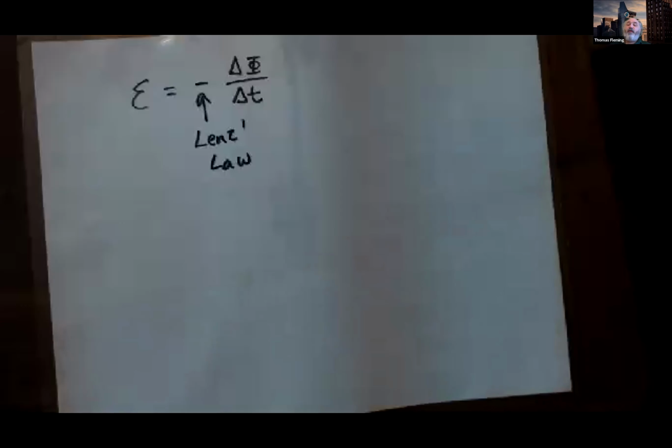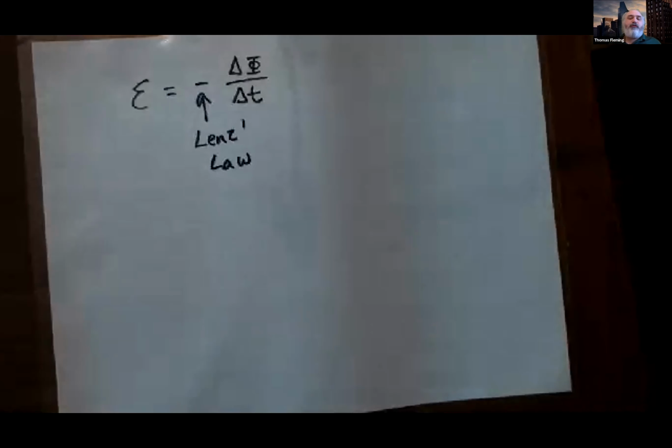It wants the magnetic flux to stay the same. Now, if you've got that coil and you try to make the magnetic flux in it smaller, the induced EMF is going to be the other direction. It's going to try to boost the flux up to keep it from dropping.